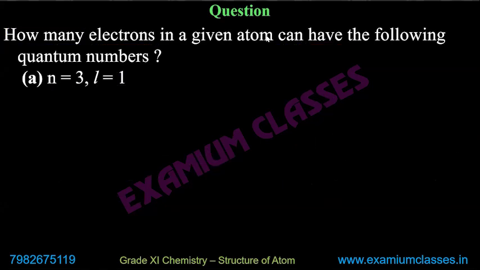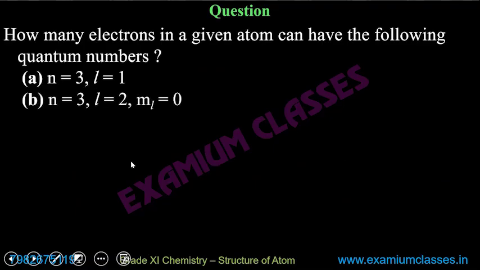Now, on similar points, tell me the answer of this one. How many electrons can this configuration have? Answer is very easy. Subway, correct. Samarth, you need to think again.